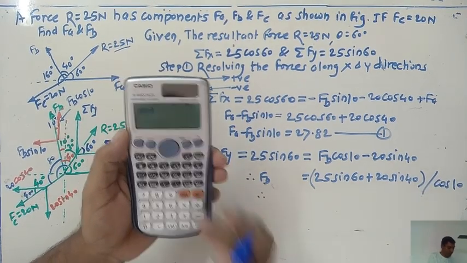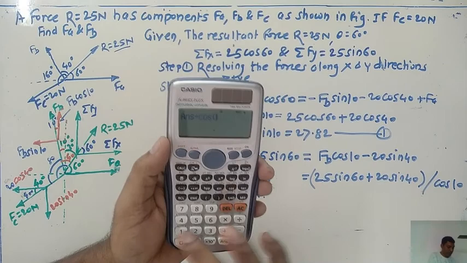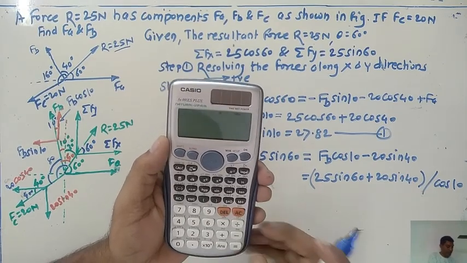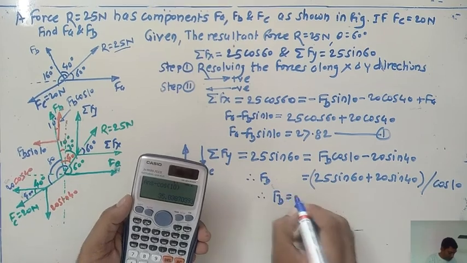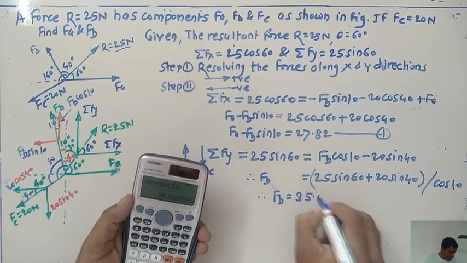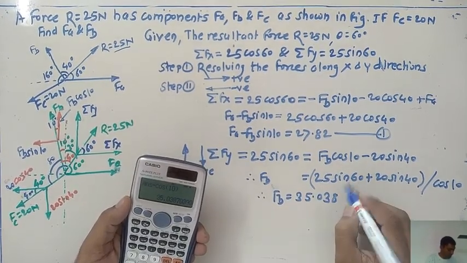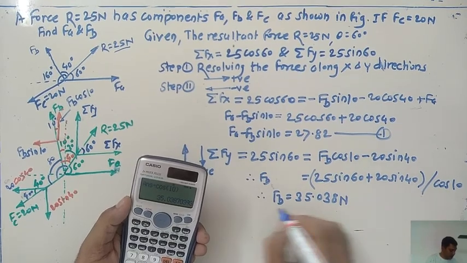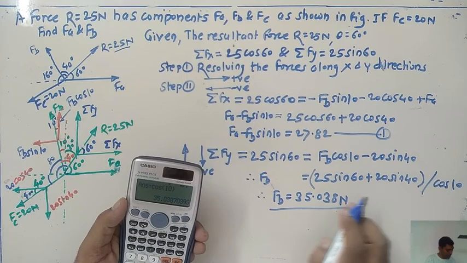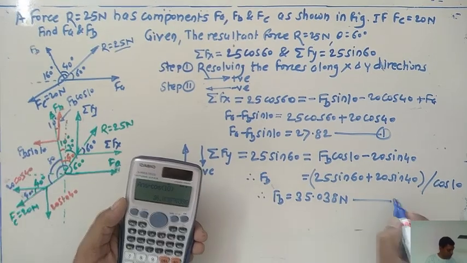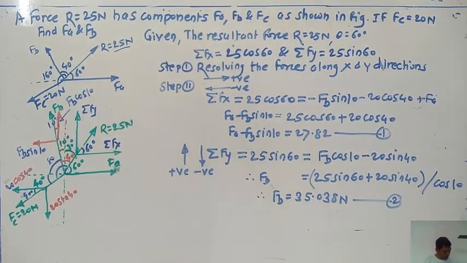So divide this by cos 10. We get the value of FB equals 35.038 Newton. Once we get the value of FB, substitute it in equation number 1. This is equation number 2.